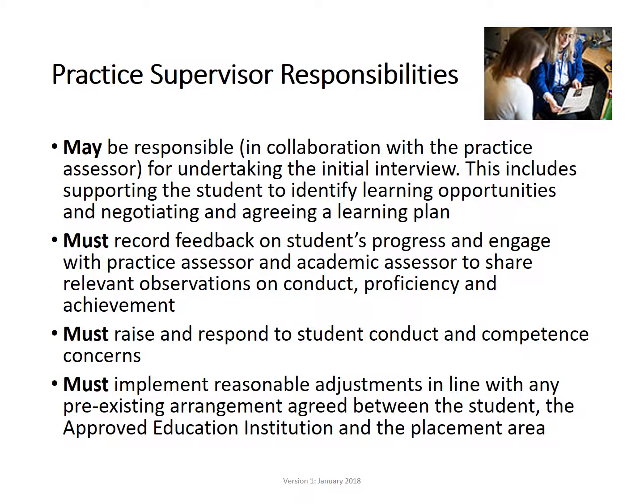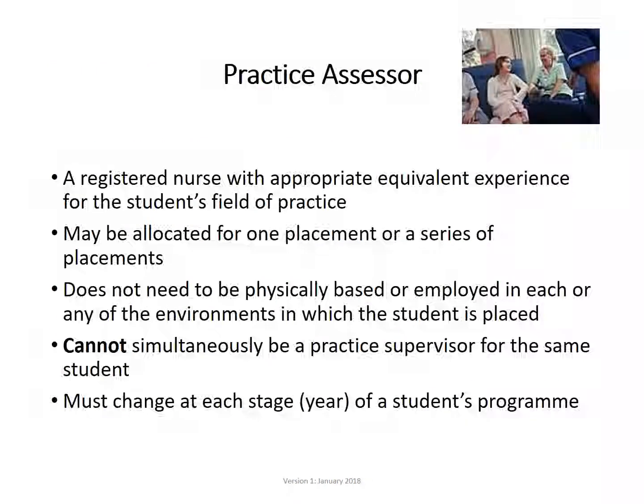So they may undertake the initial interview with the student, but the practice assessor has to verify that. It's important for them to raise concerns about students as nurses, registrants currently do now, etc. And obviously there's their role within reasonable adjustments, which is no different from now.